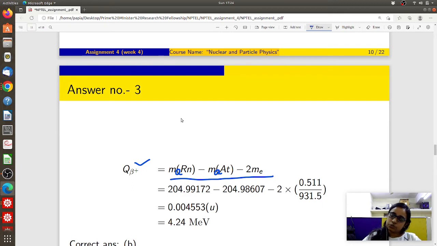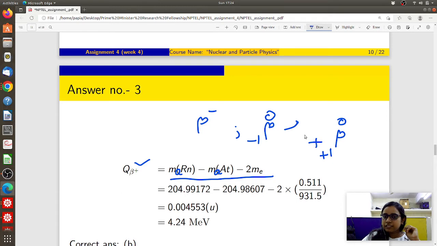In the previous one we were talking about beta minus. In that beta minus, minus 1 0 was there in the outgoing particle, but right now beta plus is there. So beta plus means it is plus 1 0, and the Y value is not Z plus 1, it is Z minus 1.